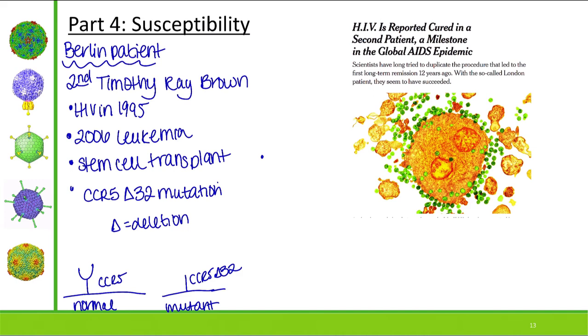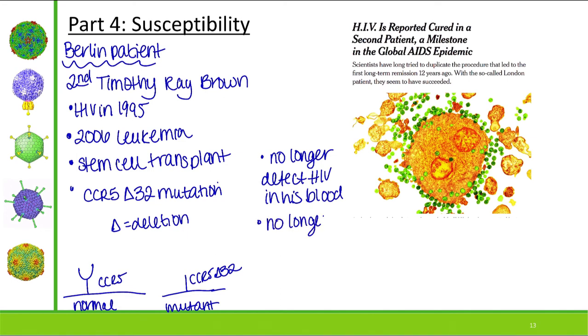And so it turns out that after this stem cell transplant, they no longer detect HIV in his blood. And he's actually no longer on antivirals. And so oftentimes people consider him cured.